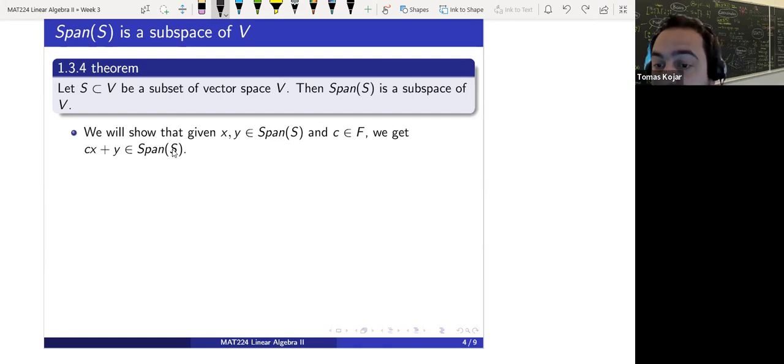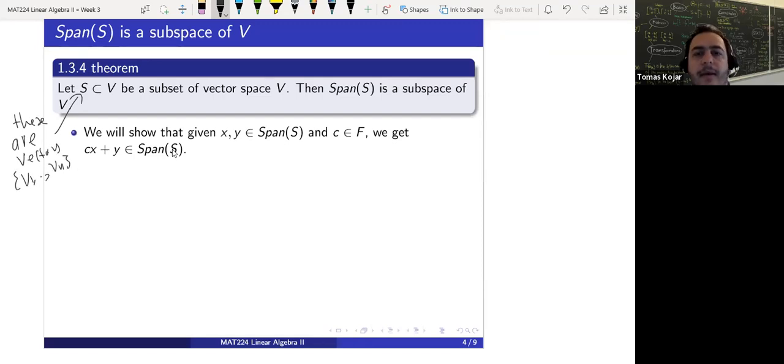When you say span, it means the vectors composing the span, right? So S are the vectors, V1 to Vn, and the span is the set of linear combinations: a1 V1 through an Vn, with the ai in the field and the Vi in the set.